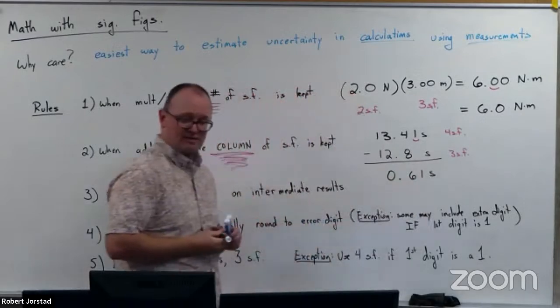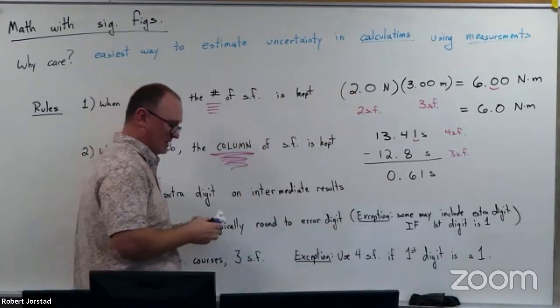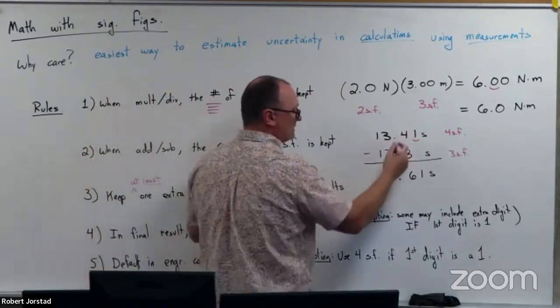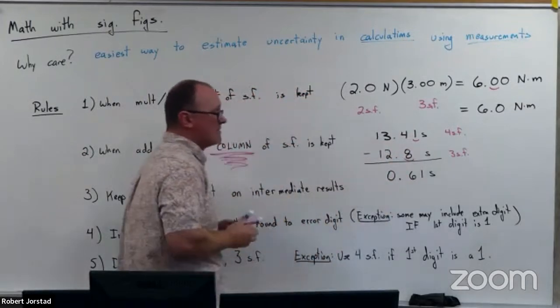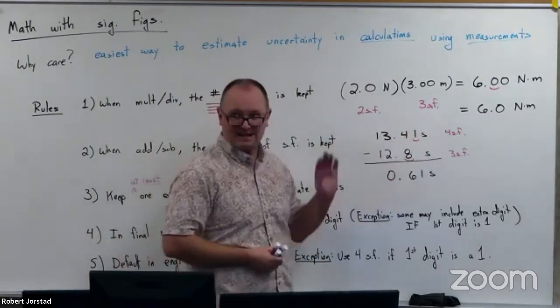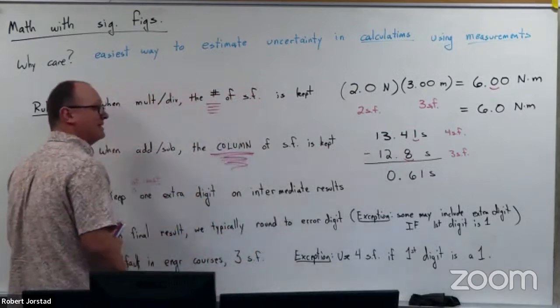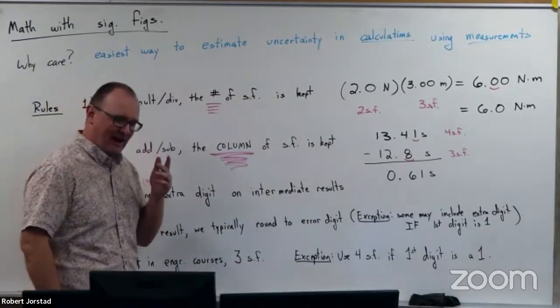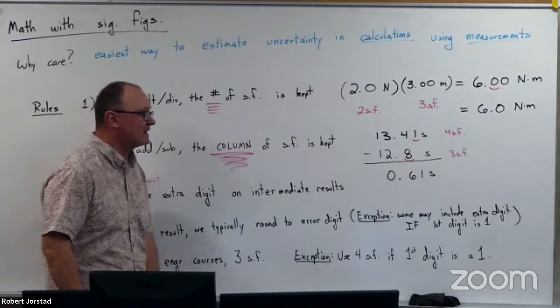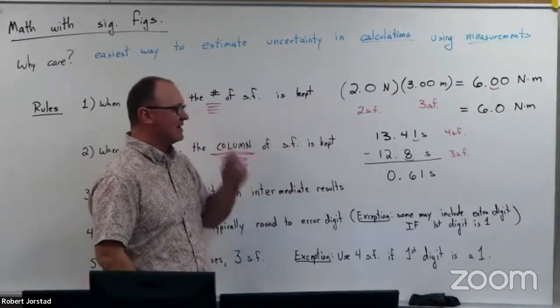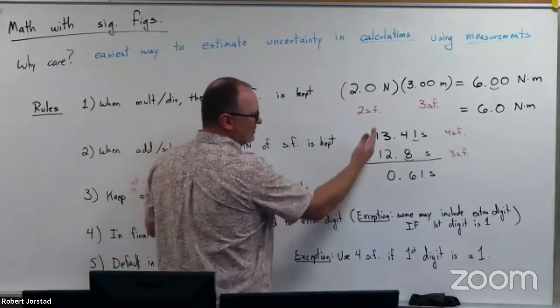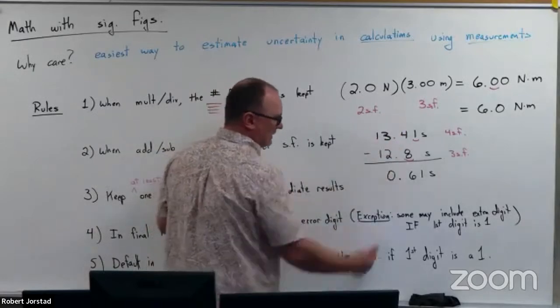Now, when I'm doing this, I want you to pay attention to something close here. This had 4 sig figs, this has 3 sig figs, but the number of sig figs is not what matters. It's the column. So when I add or subtract, and I have to keep track of sig figs, I go back to this way. And notice I'm very neat in trying to line up the columns perfectly.